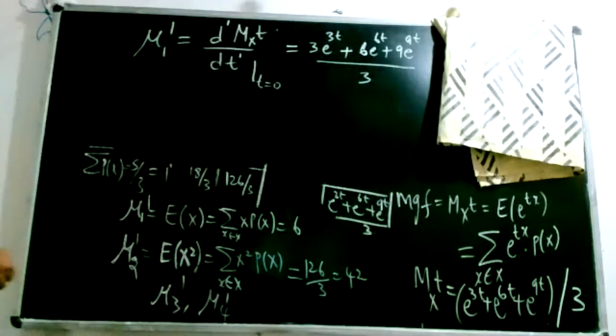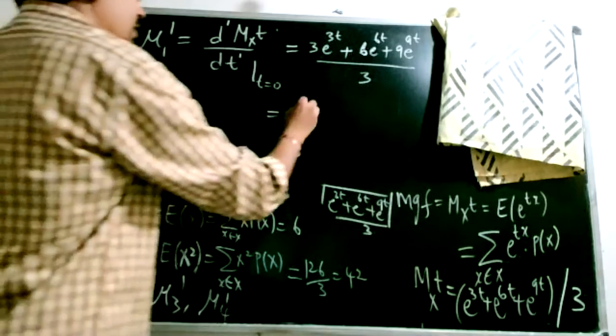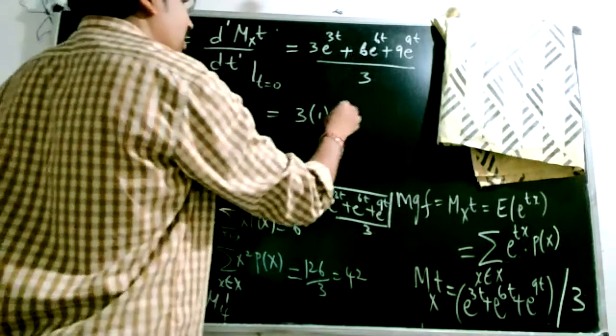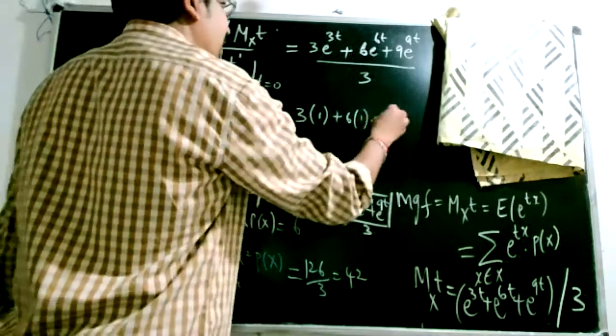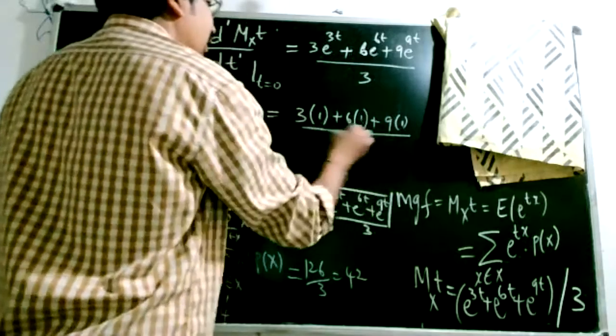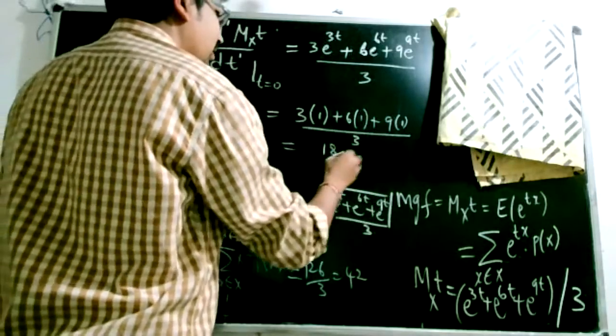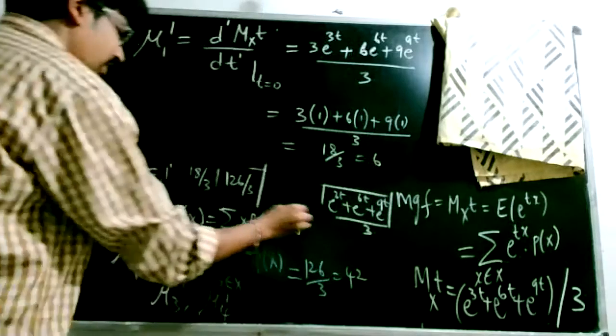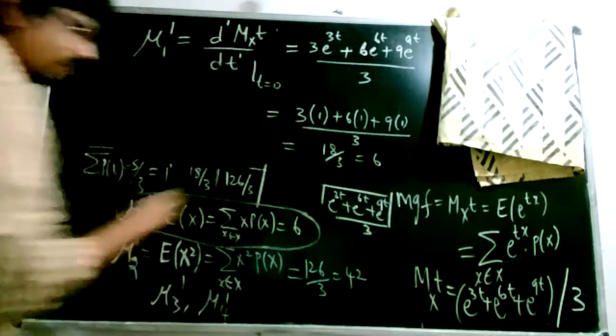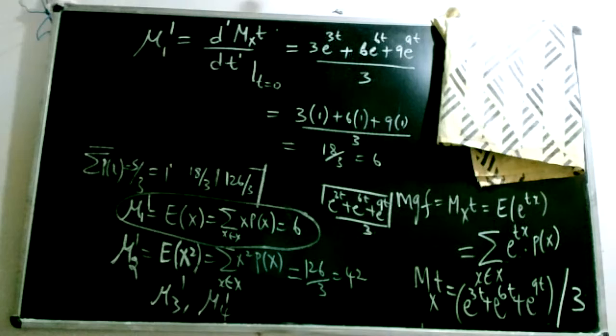Now putting t equals 0, I get 3 into 1 plus 6 into 1 plus 9 into 1, divided by 3, which comes to 18 by 3, that is equal to 6. And that is what we got by using the formula of the moment.